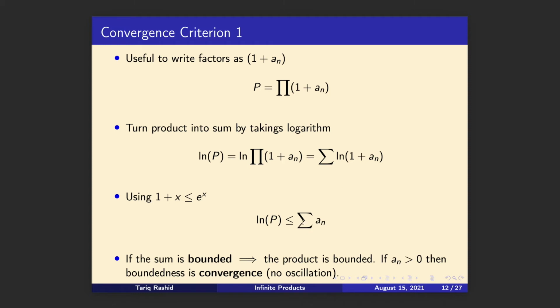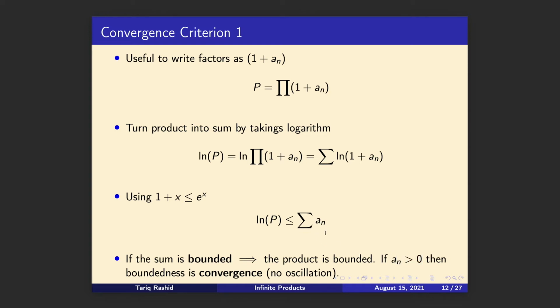What this tells us is that if that sum is bounded, doesn't grow to infinity, because the log of p is less than that, that means the product must be bounded as well. Let's say that again. If that sum is bounded, and because it's more than log p, that means p must be bounded. But if we add an additional constraint that an are always more than 0, we're thinking about real numbers here, not complex yet, that means this sum can only grow monotonically.